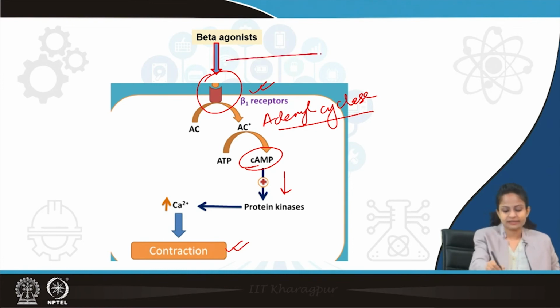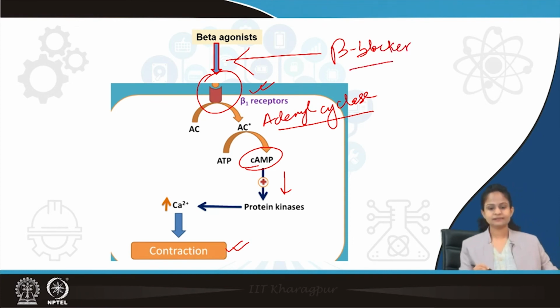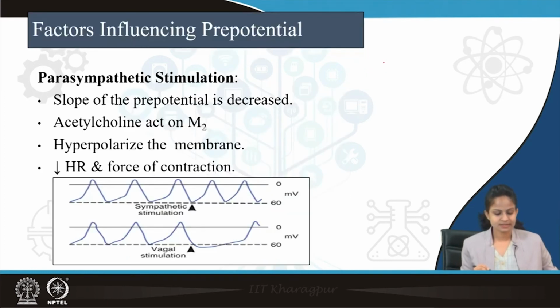At this level, if we give any beta blocker, it will block the beta 1 receptor activity. Obviously, there will be no adenyl cyclase activity, no cyclic AMP generation, no protein kinase activity, no influx of calcium, and hence there will be no contraction of the muscle. That is the role played by the beta blockers.